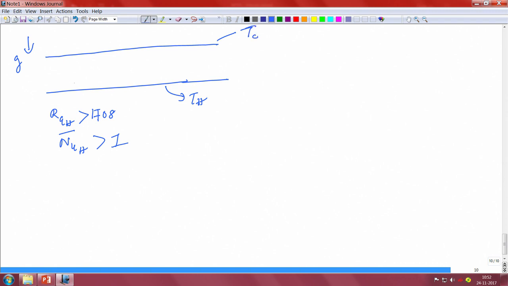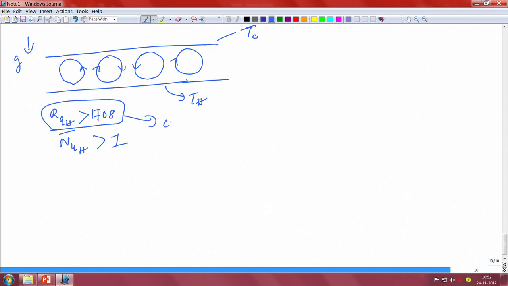What you start to get is called cellular patterns. Look at the rotation aspect of this. As soon as the Rayleigh number crosses this 1708, which is called the critical Rayleigh number, you start getting these recirculating cells between the top and the bottom.